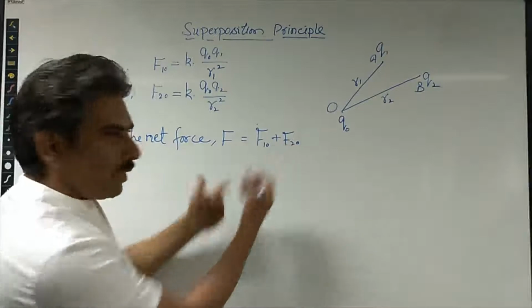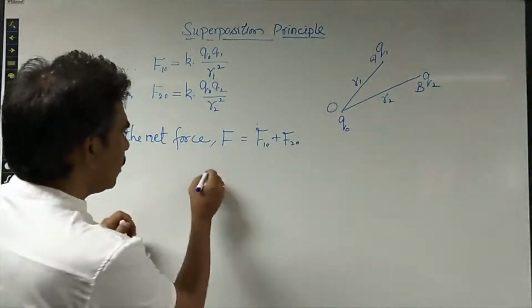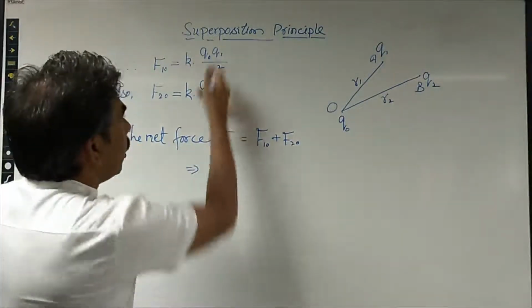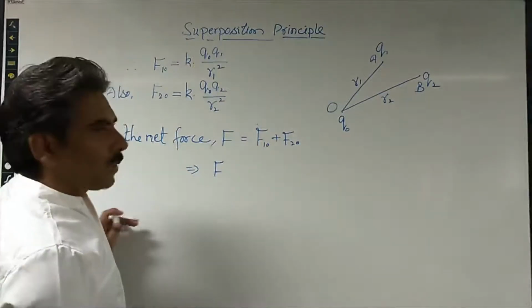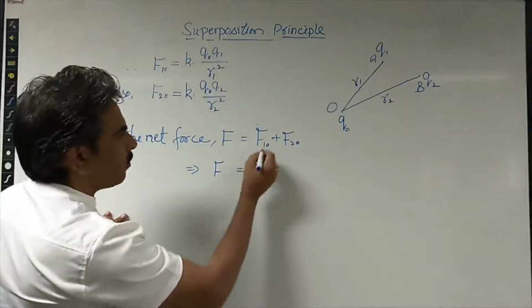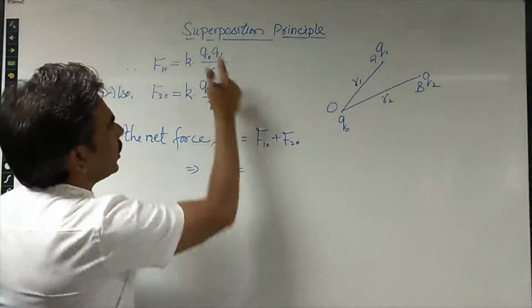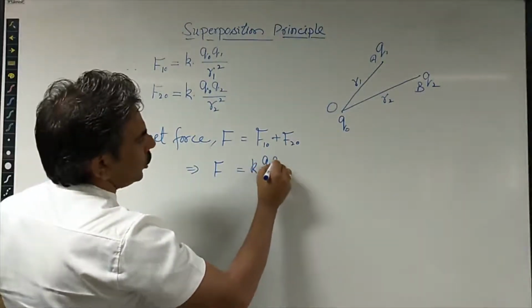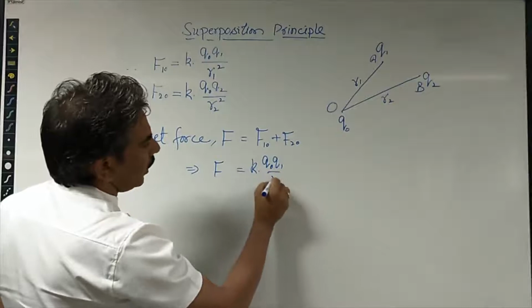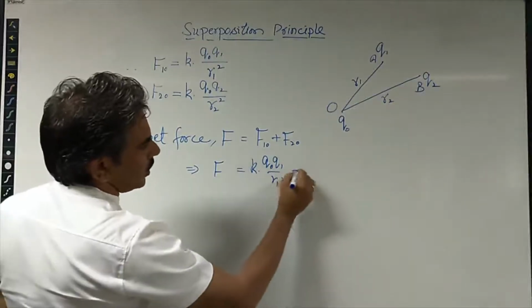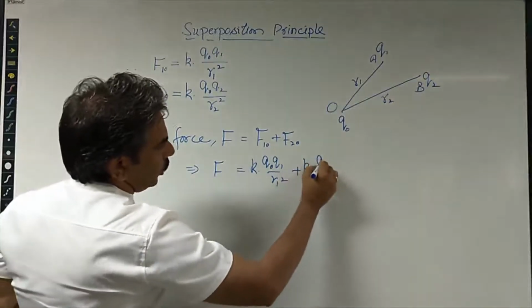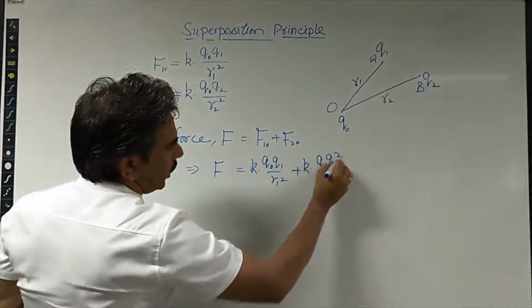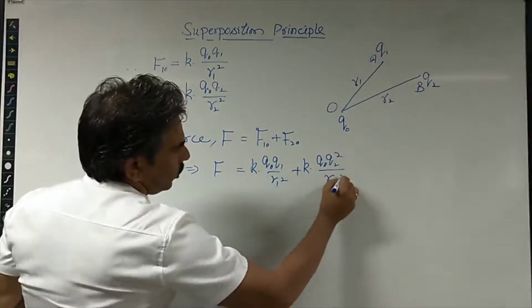So we are just adding them algebraically. So F becomes equal to K into Q naught Q1 divided by R1 square plus K into Q naught Q2 divided by R2 square.